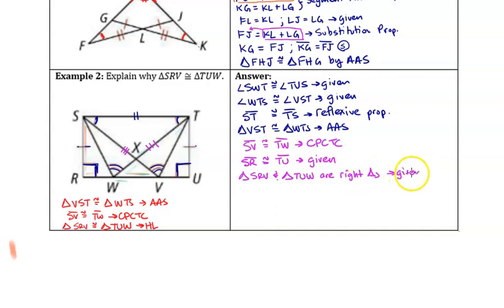It's given, it shows me that they have right angles in them. And since this is the hypotenuse for those two right triangles, and this is a leg for those right triangles, then finally I can say that triangle SRV is congruent to triangle TUW by HL.